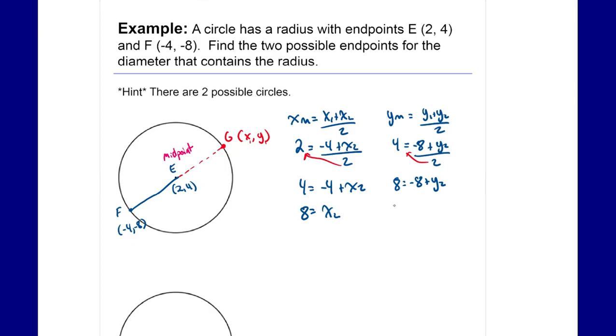Move the 8 over, it becomes addition. 8 plus 8, we get 16 is equal to y2. Therefore, point G is (8, 16). That is the other endpoint of the diameter.